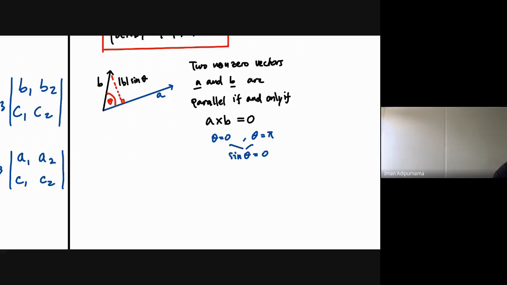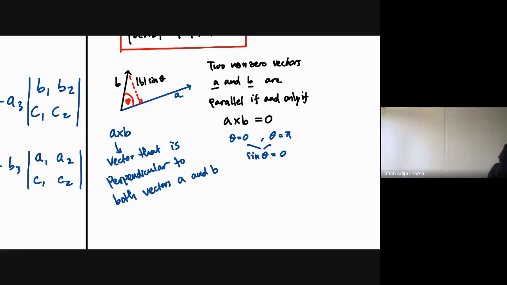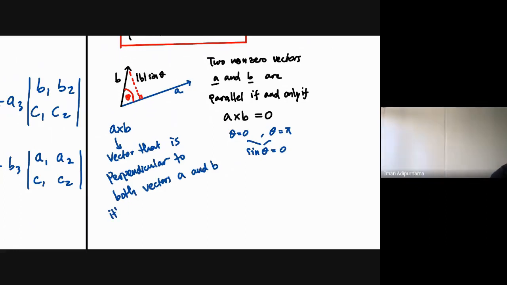And the A cross B, we can also visualize as a vector that is perpendicular or orthogonal to both vectors A and B. And its length is A, B sine theta.